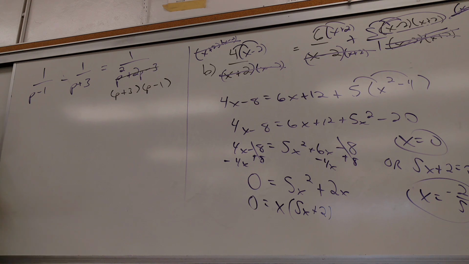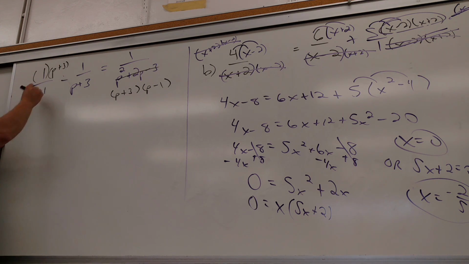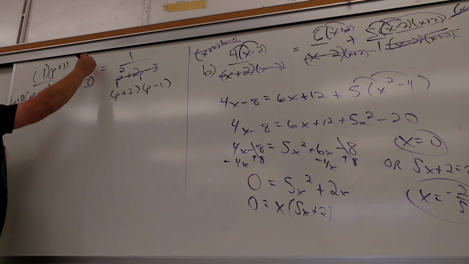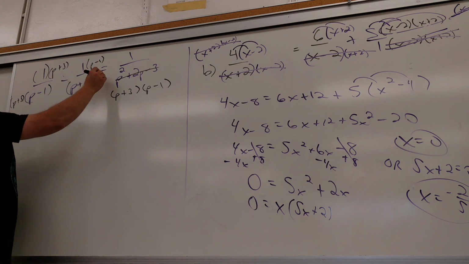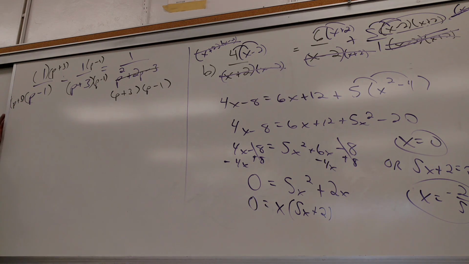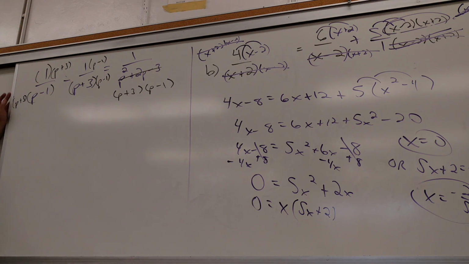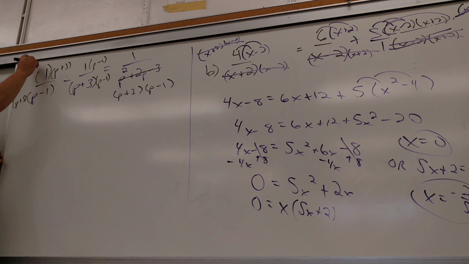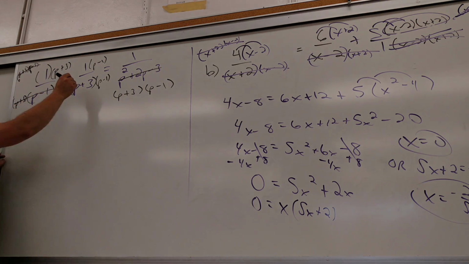Alright, so this is not too bad, right? Who's missing something? He's missing a P plus 3. He's missing P minus 1. Nothing, he's got everything. So then I can multiply by P plus 3, P minus 1.